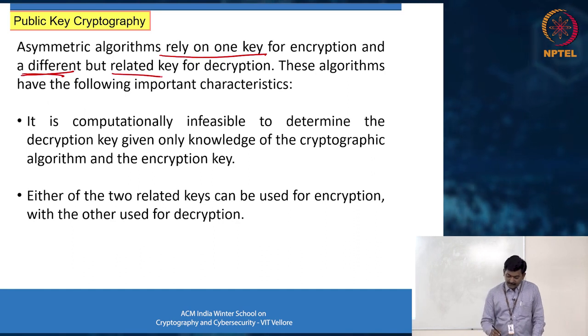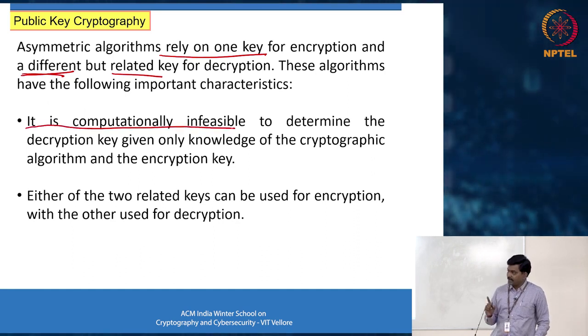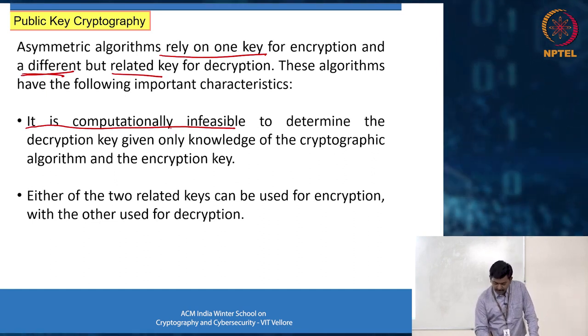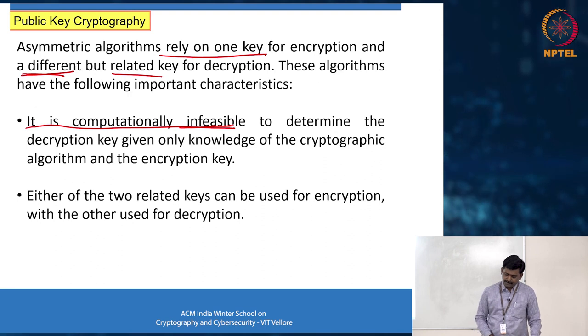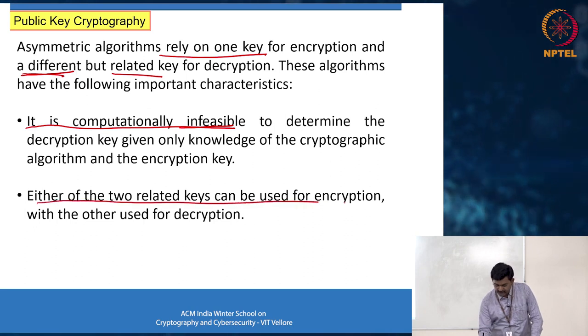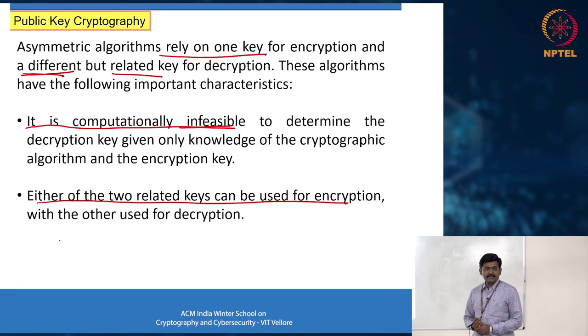So number one, what are the characteristics? It should be computationally infeasible, knowing one key, to calculate the other key. And either of the keys can be used for encryption, and the other one can be used for decryption. What is meant by that?